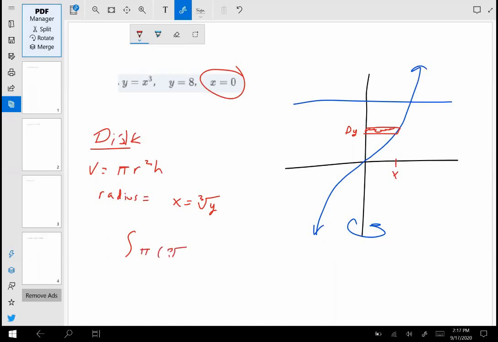So that's going to be my integral, and then we've got to decide what the bounds are.